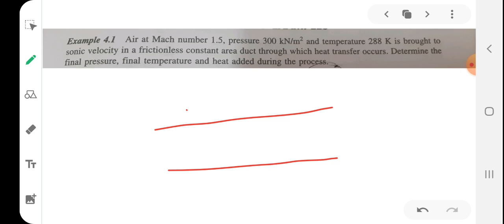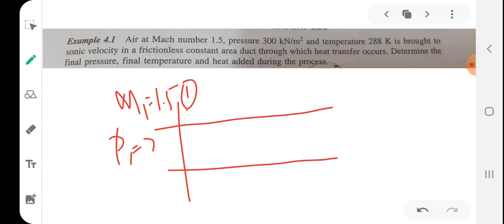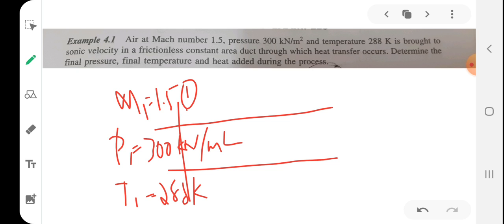So here Mach number at the first section M1 equal to 1.5, given static pressure 300 kilonewton per meter square and static temperature 288 Kelvin, and since this is a constant area duct which is frictionless, this flow will definitely be Rayleigh flow.